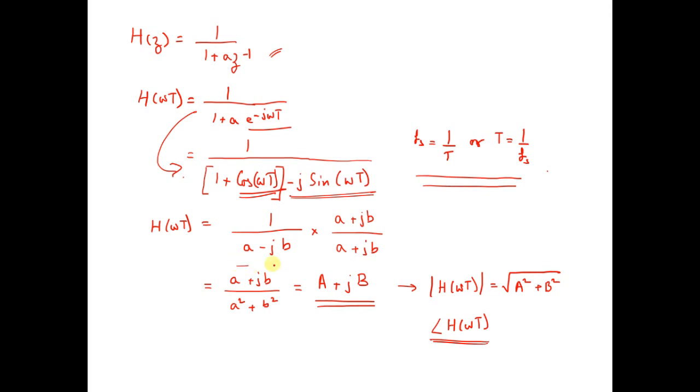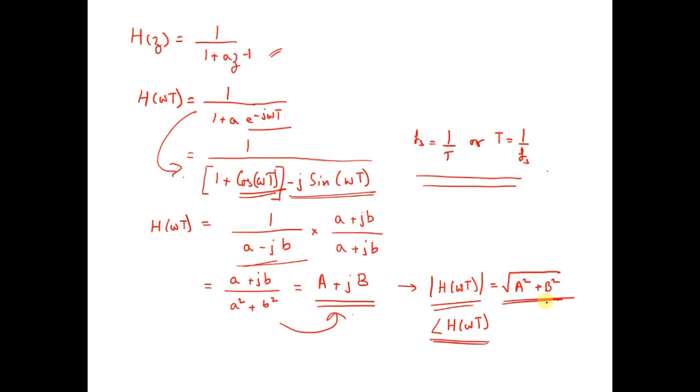We can put it in the form 1 by a minus jb, and if you multiply with the conjugate, you get a plus jb divided by a square plus b square. Now it can be represented as a plus jb. Now you find the modulus of this.